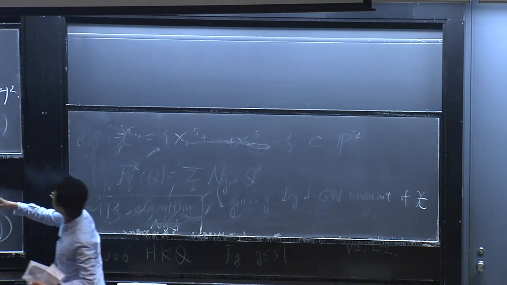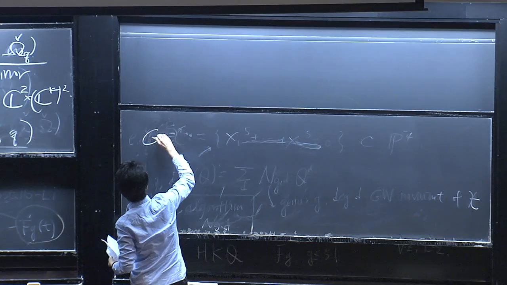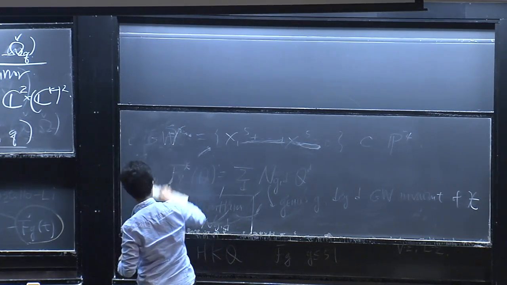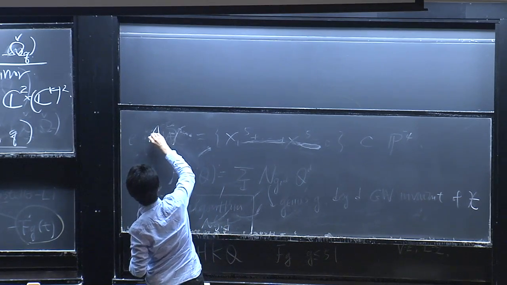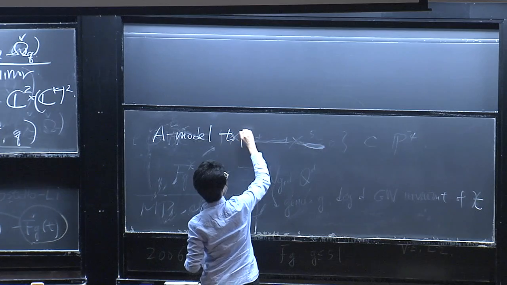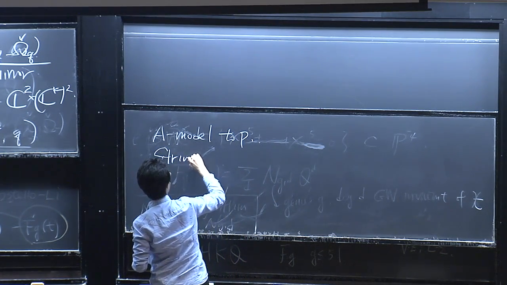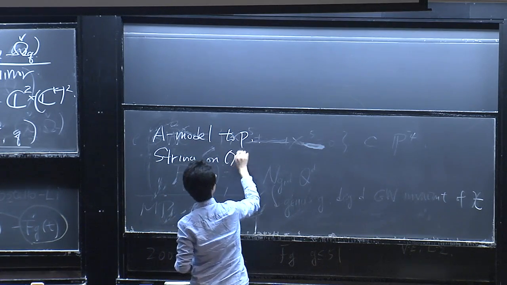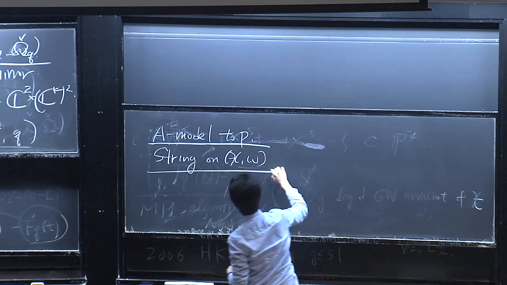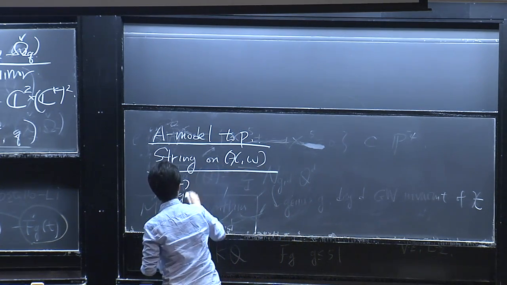So here we can similarly have Gromov-Witten invariants.